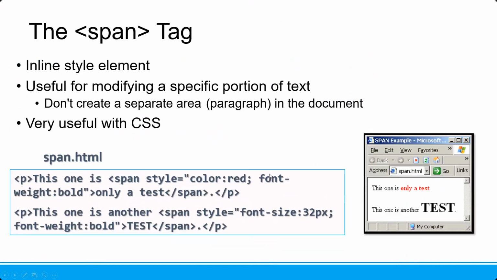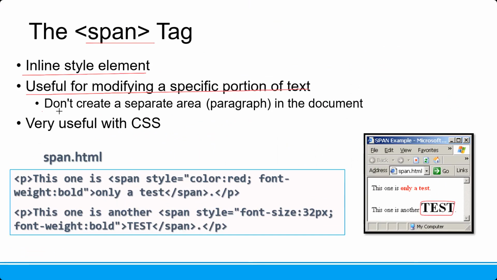So about span, it is the inline style element, and it is useful for modifying a specific portion of text. Let's say I want to change only a particular text like this one. I can focus on only that text. You don't need to change all the text.